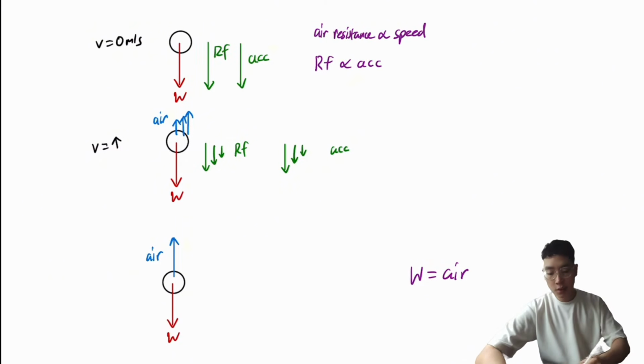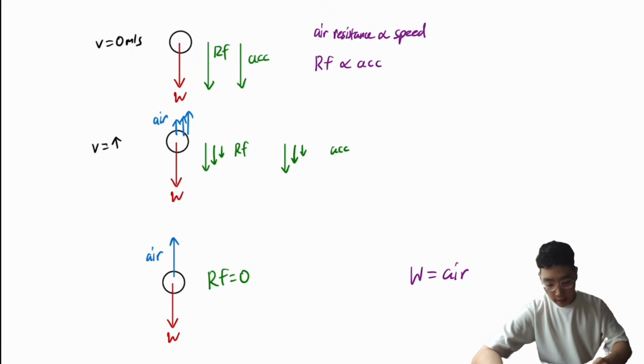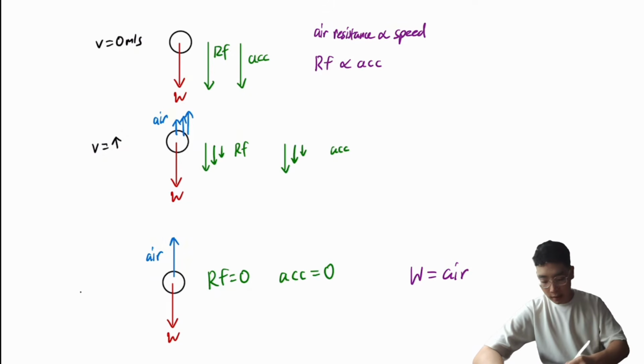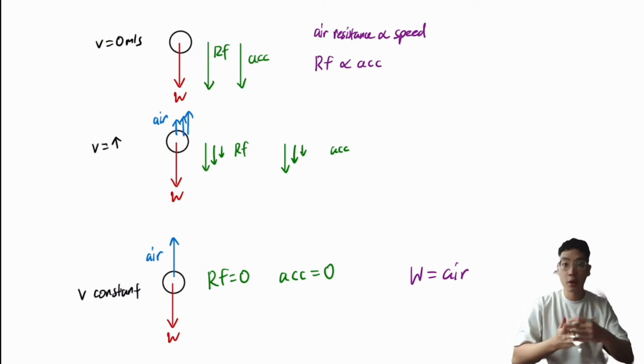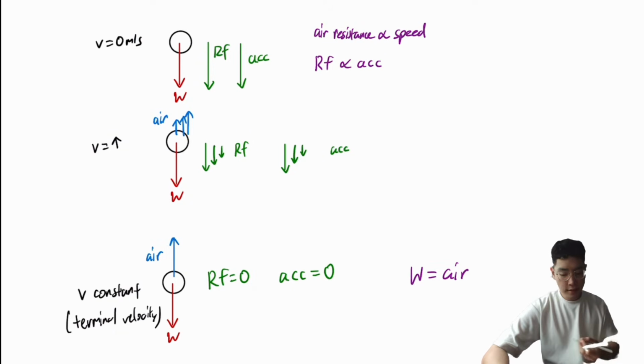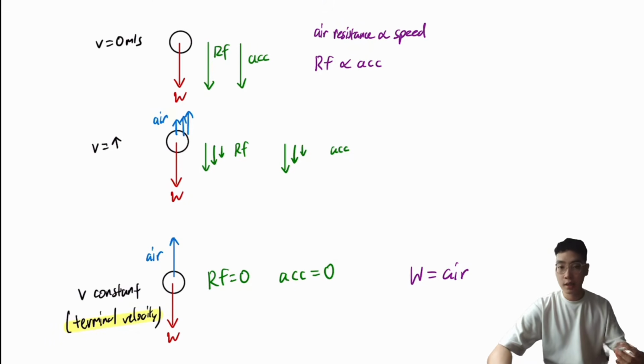So this causes the acceleration to become 0. And when the acceleration is 0, the velocity is constant. 0 acceleration means constant velocity. We call this velocity the terminal velocity. That is how terminal velocity is reached in terms of forces.